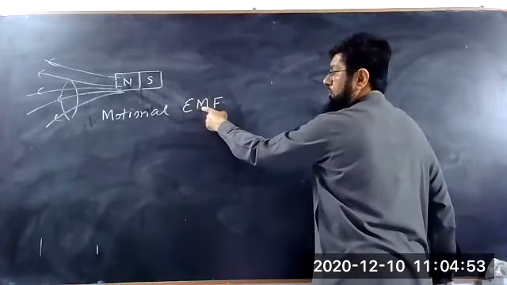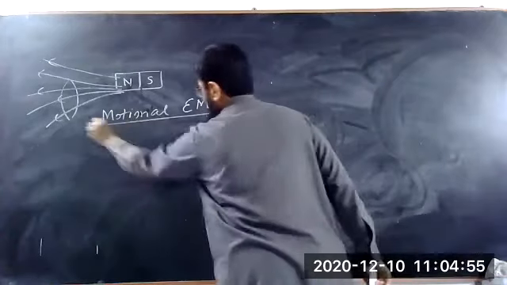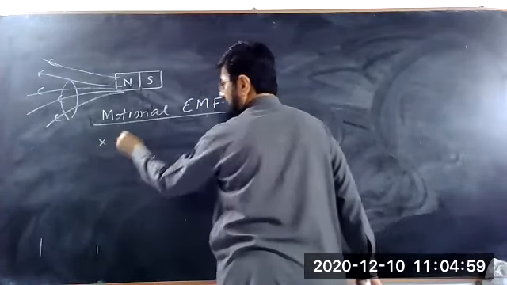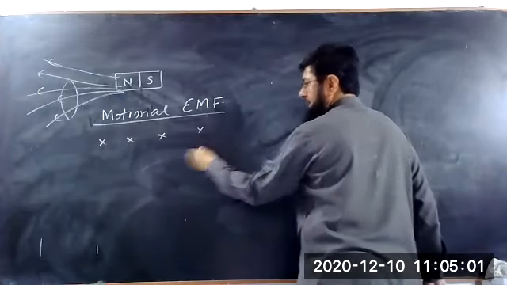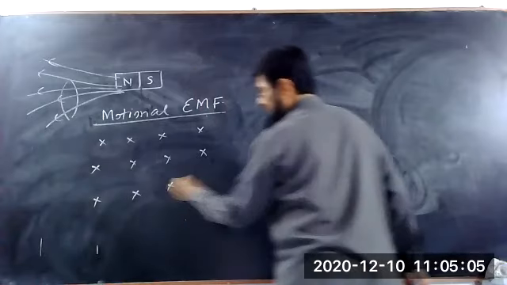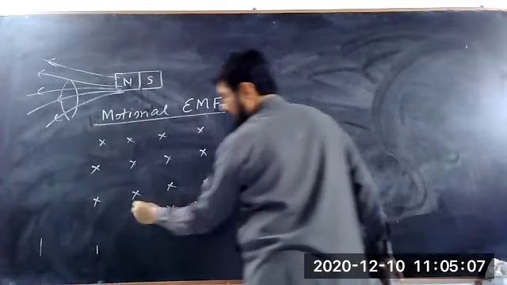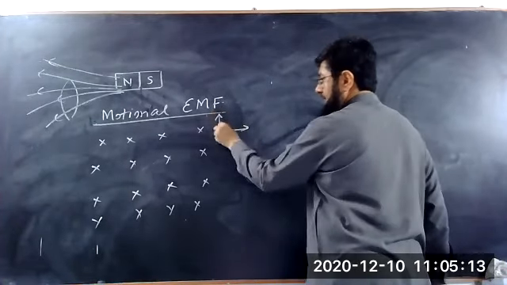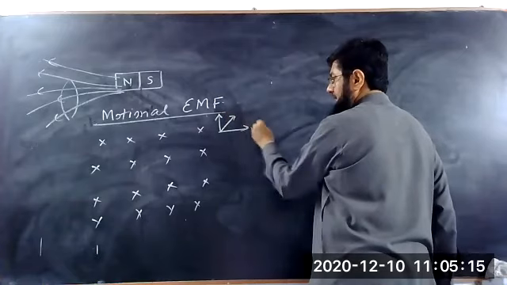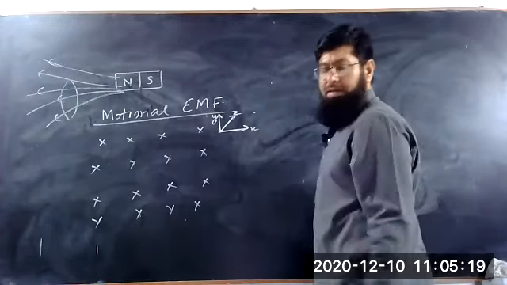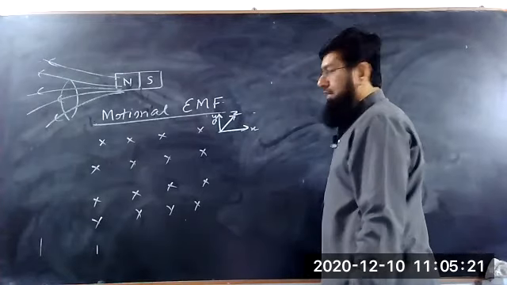EMF, electromotive force. Now here, this is the magnetic field, and this cross indicates that the magnetic field is inside the board. This is the x-axis, y-axis, and z-axis, and the magnetic field is along the z-axis.